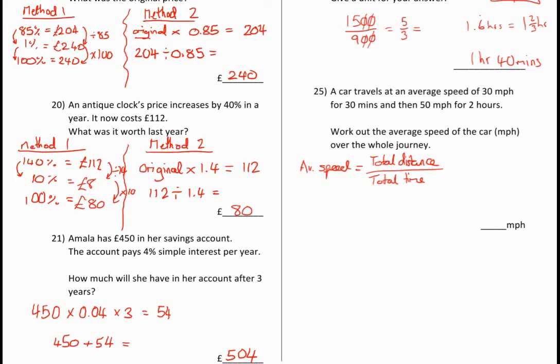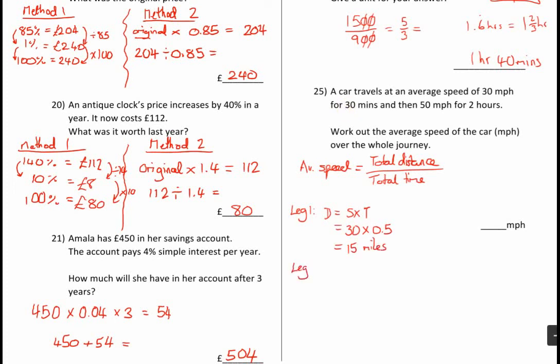So in part 1 of the journey, let's call it leg 1, distance is speed times time. So we've got speed of 30. Now the time is half an hour, not 30 minutes, half an hour. We want this in hours. So 30 times 0.5, so that's 15 miles.